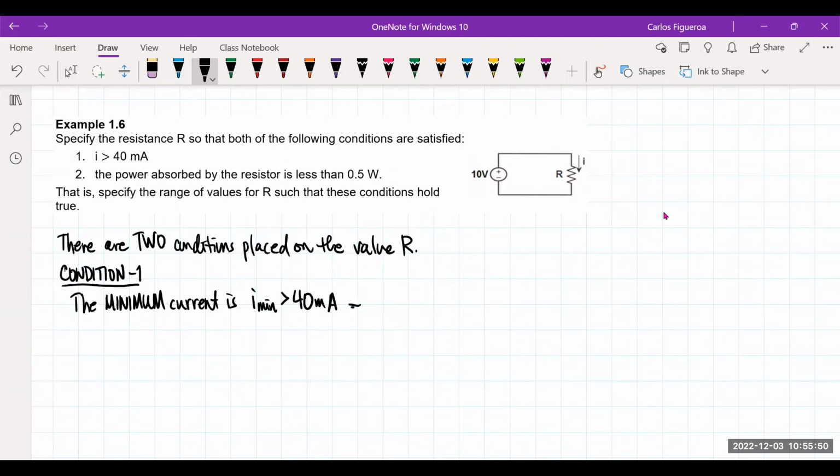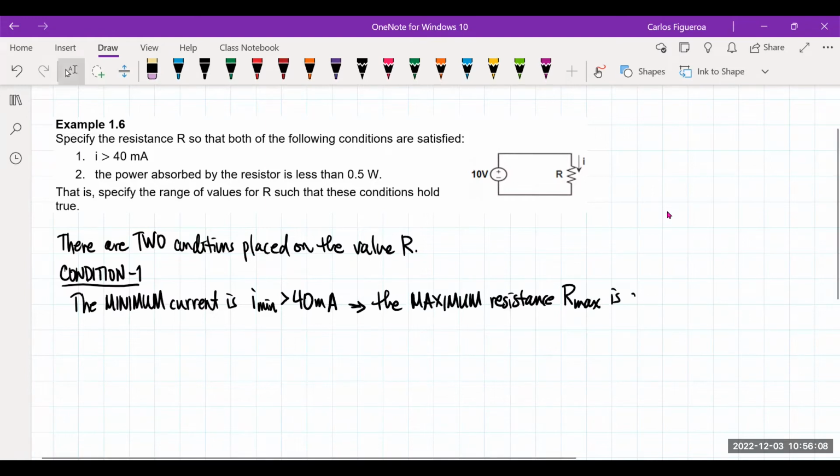So this implies here the maximum resistance, R max, is determined by Ohm's law.